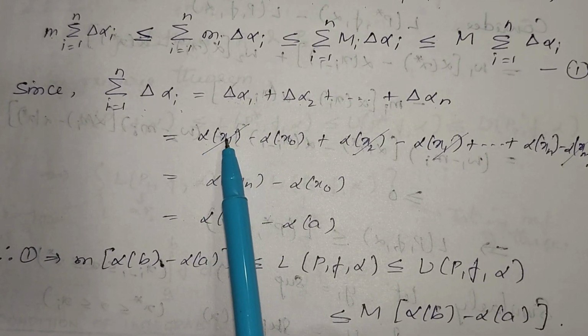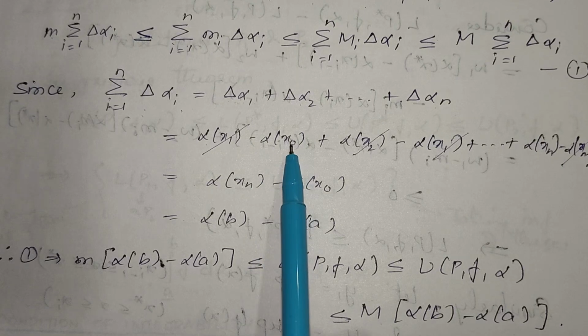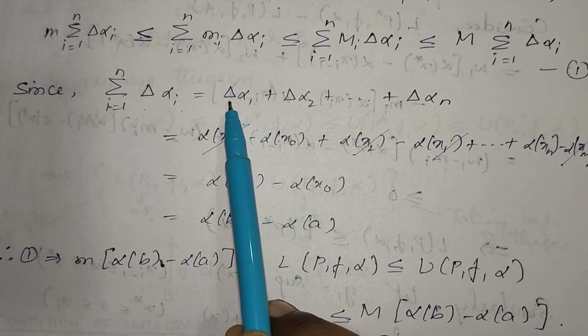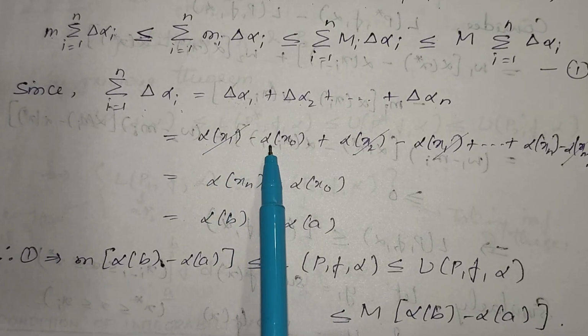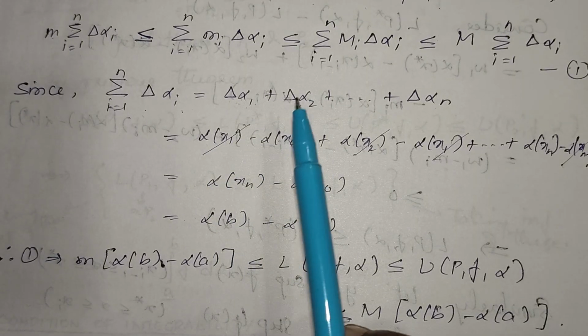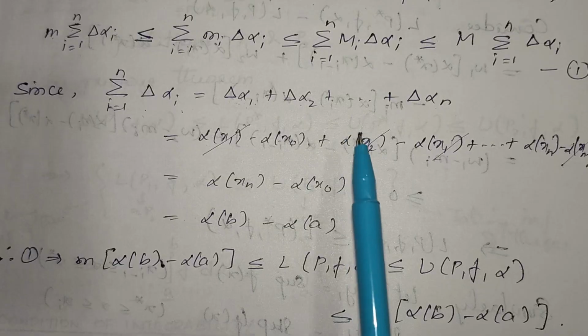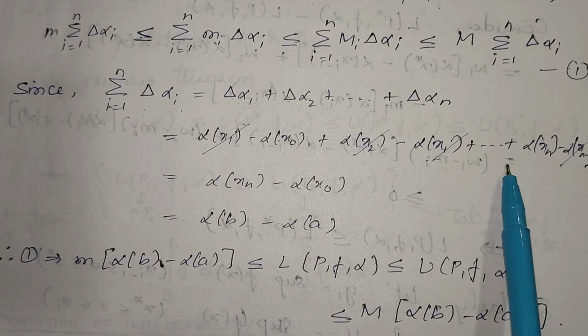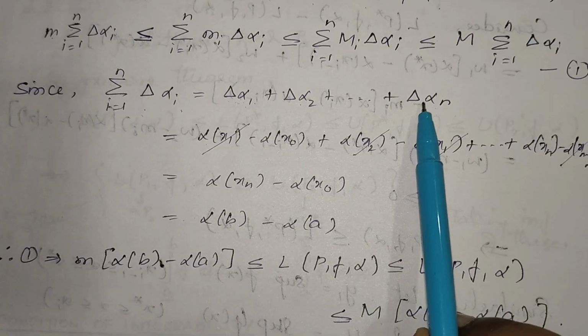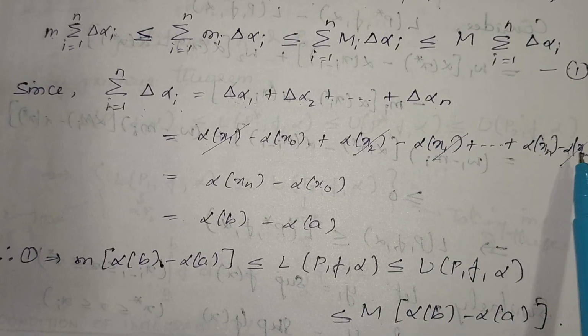So here, what is this delta alpha 1? Actually, it is alpha x1 minus alpha x0, because I have told you delta alpha i is equal to alpha xi minus alpha xi minus 1. So your delta alpha 1 will be alpha x1 minus alpha x0. Similarly, delta alpha 2 will be alpha x2 minus alpha x1. So similarly, up to this, delta alpha n will be alpha xn minus alpha xn minus 1.